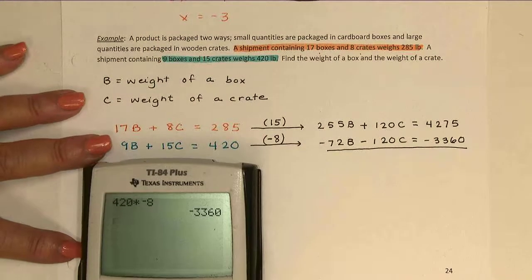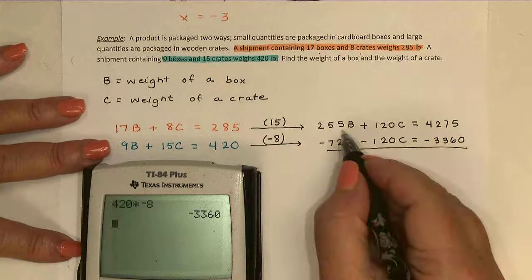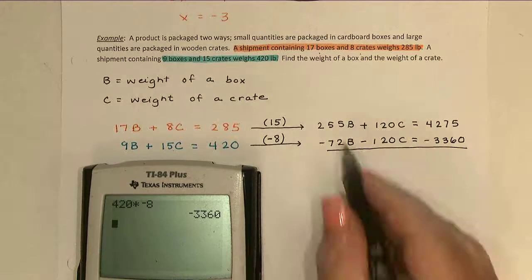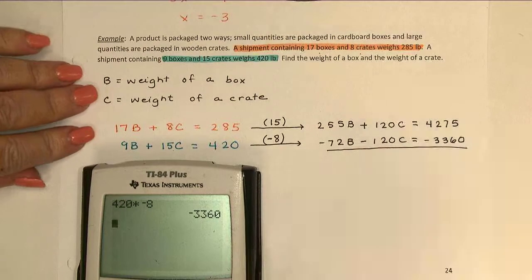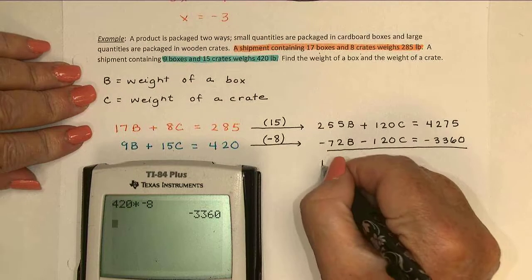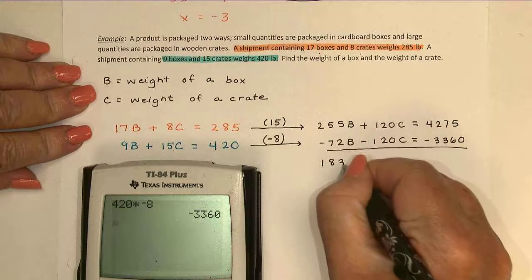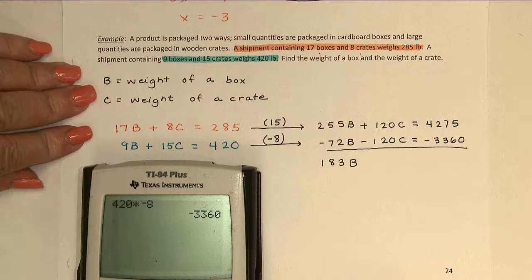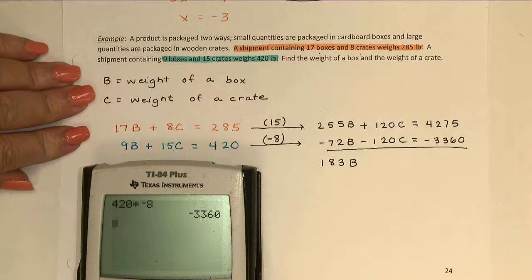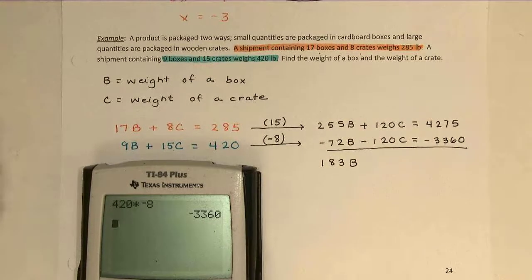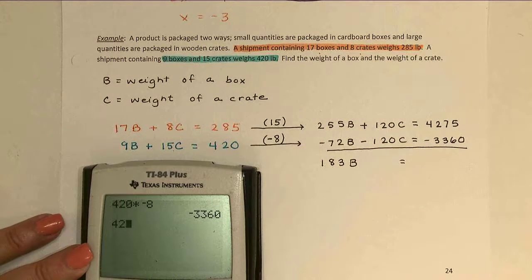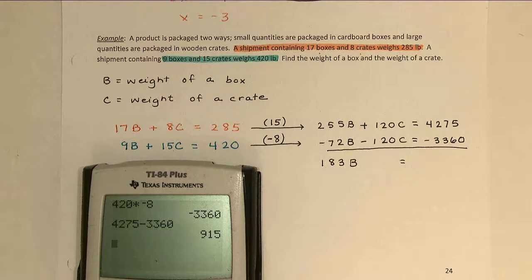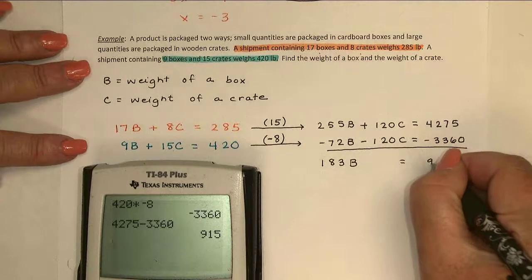All right, looking pretty good. I'm going to add up these equations. So 255B minus 72B is going to be 183B. Positive and negative 120C adds up to 0. And then I've got my 4,275 minus my 3,360 is 915.